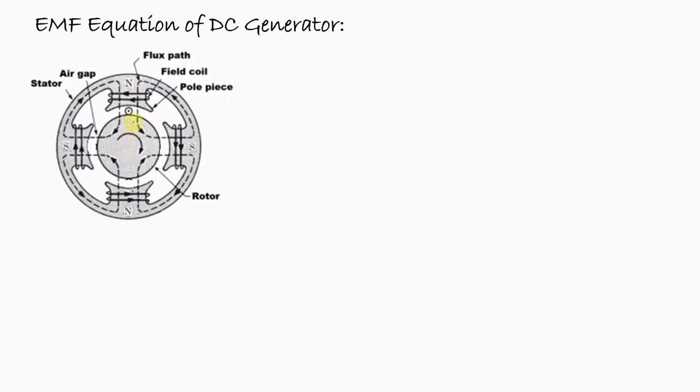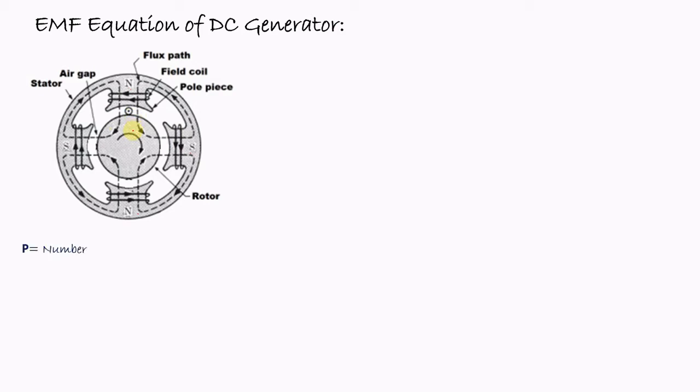And here we consider there is only one conductor on the armature. Actually, there are a number of slots in the periphery of the armature core, and armature conductors are distributed throughout the periphery. But for the time being, we are considering there is only one conductor on the armature.